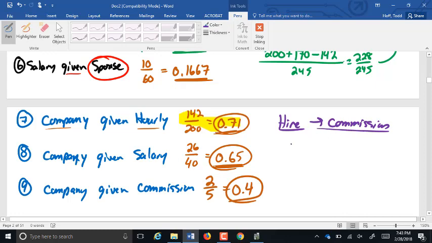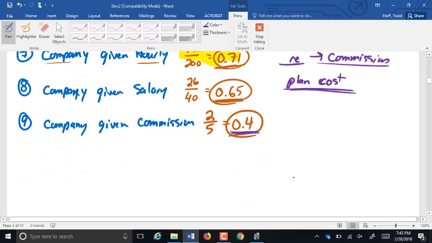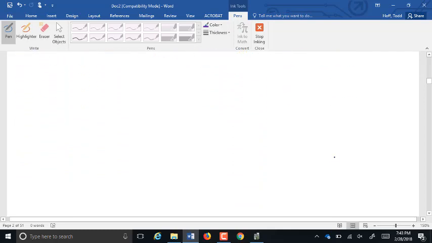We have to plan our expenses, plan the cost of that employee. We're going to look at only a 40% chance that they're going to take the company insurance plan, so we're going to plan accordingly. There's a pretty good chance that they're not going to take our insurance plan, so we don't have to worry about that cost. Now, that doesn't mean we don't worry about it at all. We use it to weight.